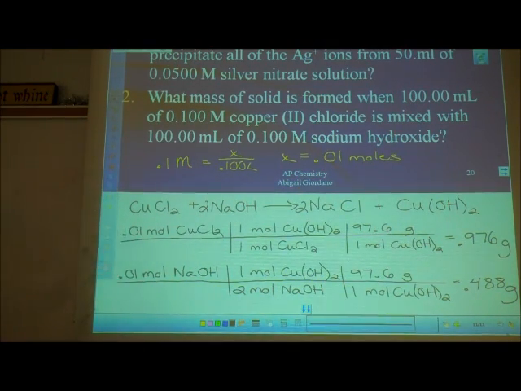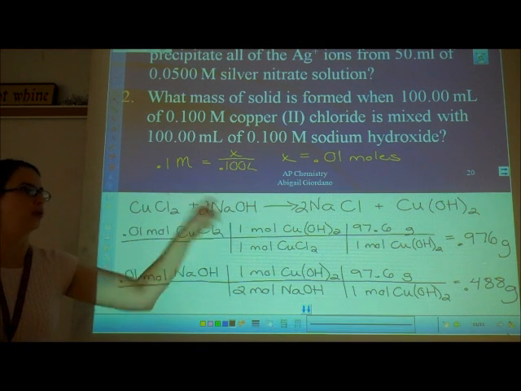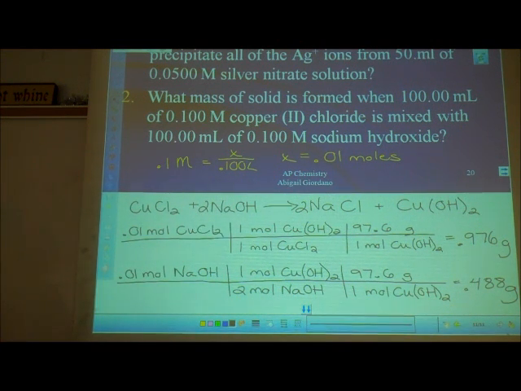Okay? Now, if you have information about both reactants, what type of situation is this? A limiting reactant problem.